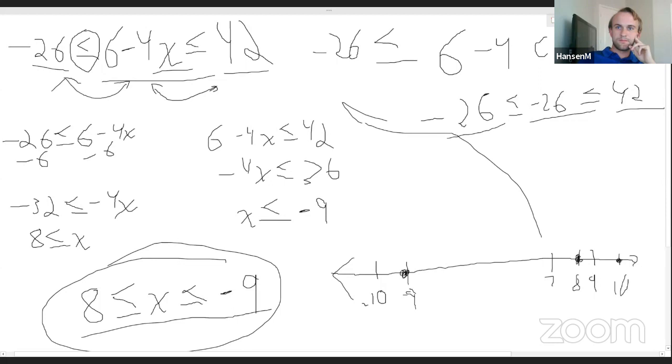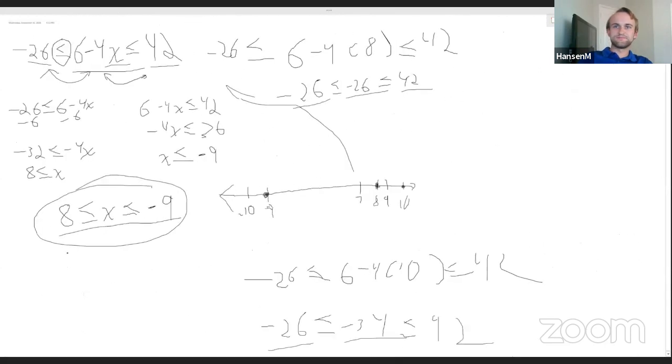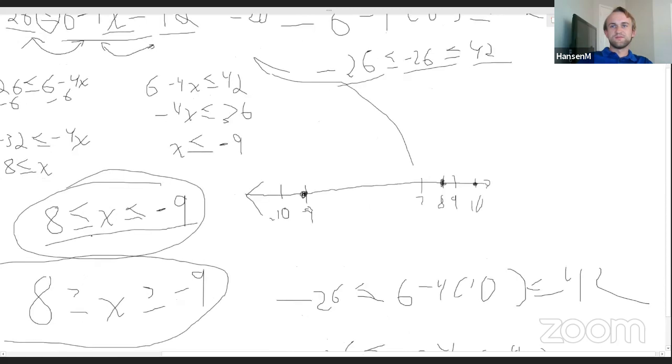Like that statement is incorrect. Oh, yeah, you're right. Thinking backwards, 8 is greater than or equal to x, which is greater than or equal to negative 9. That makes more sense, because you can't have 8 be less than your number and your number is less than negative 9.